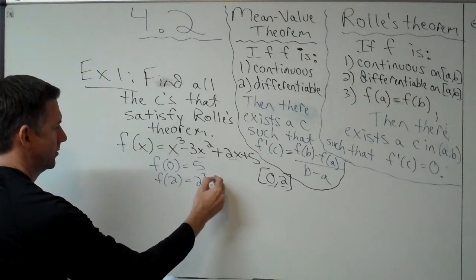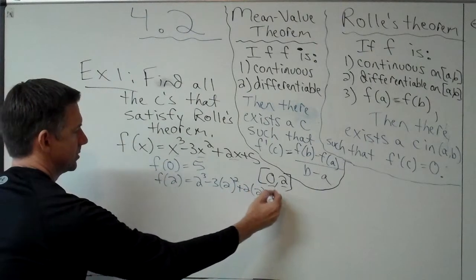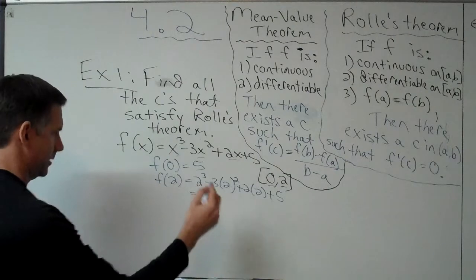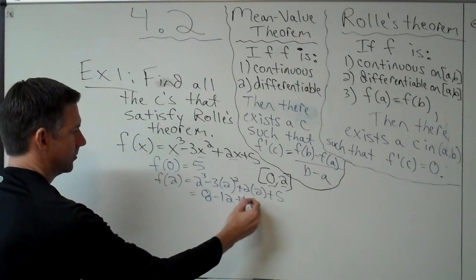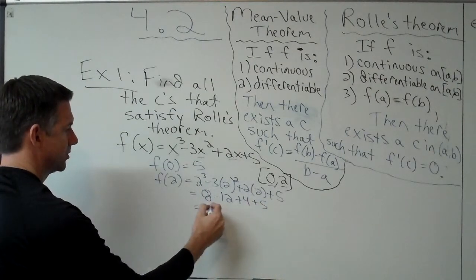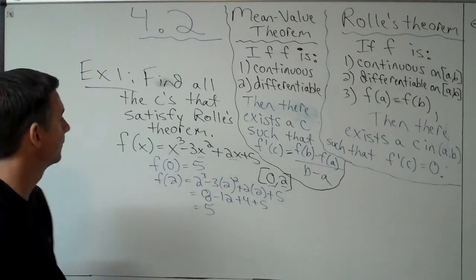So 2 cubed minus 3 times 2 squared plus 2 times 2 plus 5. That gives 8 minus 12 plus 4 plus 5. Yeah, negative 4 plus 4, so the endpoints give you the same y values, okay?